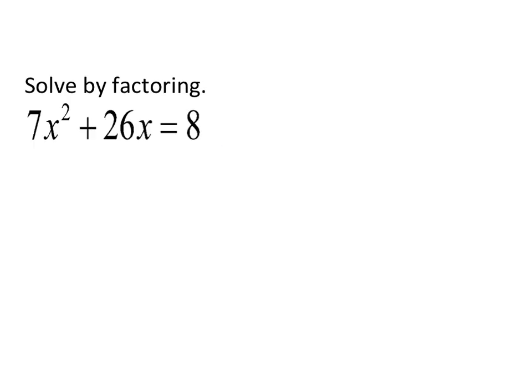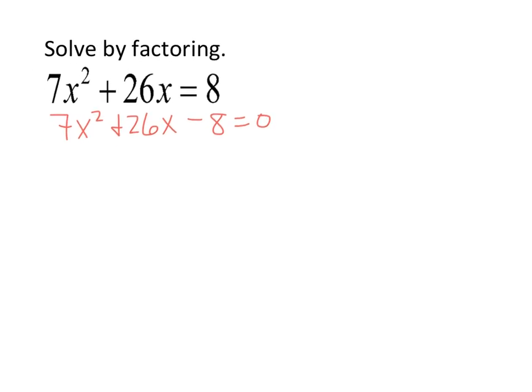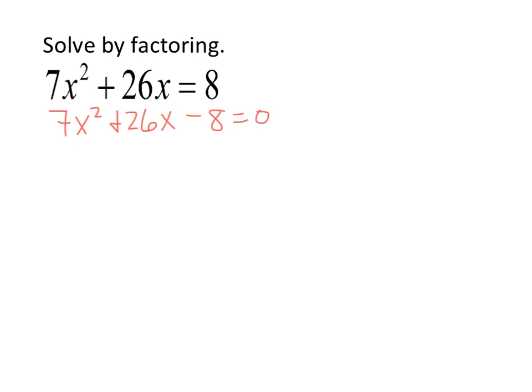In this next example, note when we move the 8 to the other side, it's like what we did in the first two examples, except now our leading term is no longer 1. So we have to factor by our grouping method unless we are comfortable with guess and check. If we take 7 times -8, we have -56.